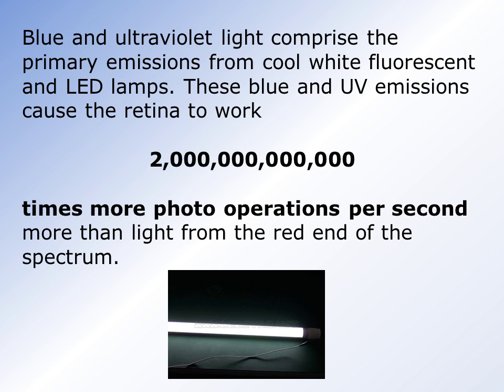And do that many more operations per second than light from the red end of the spectrum. Now, the spectrum goes from ultraviolet as super fast through blue, green, red, and infrared, which is super slow. And it too is invisible, but we feel it in the form of heat.